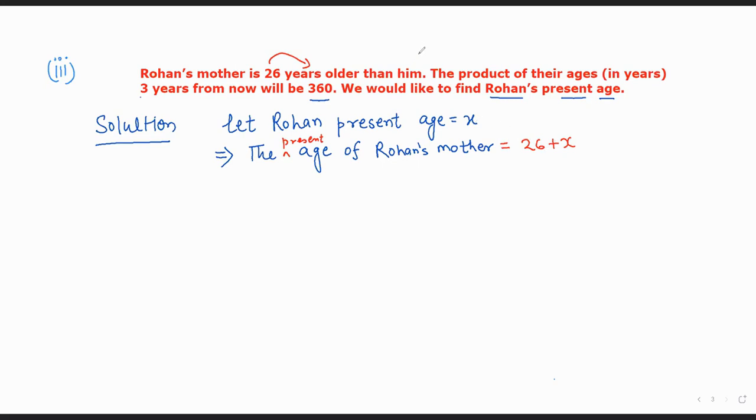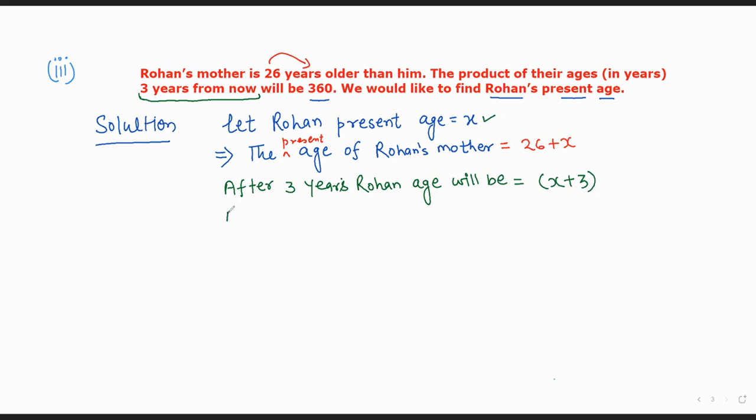Alright. Now, let's read the next statement. It is saying the product of their ages 3 years from now. So, it is important: 3 years from now. So, after 3 years, Rohan's age will be, so present age is x, so after 3 years it will be x plus 3.